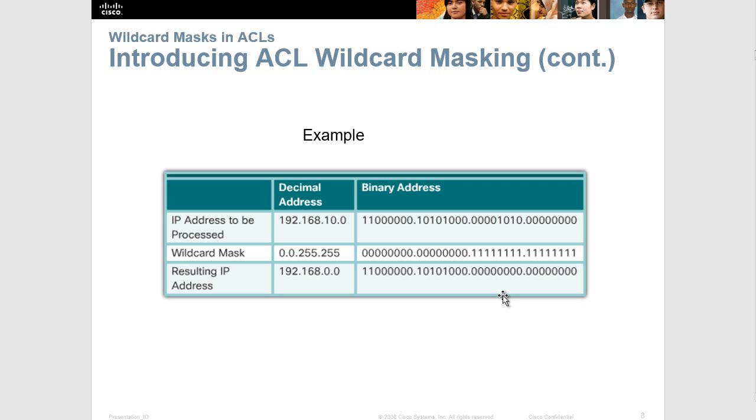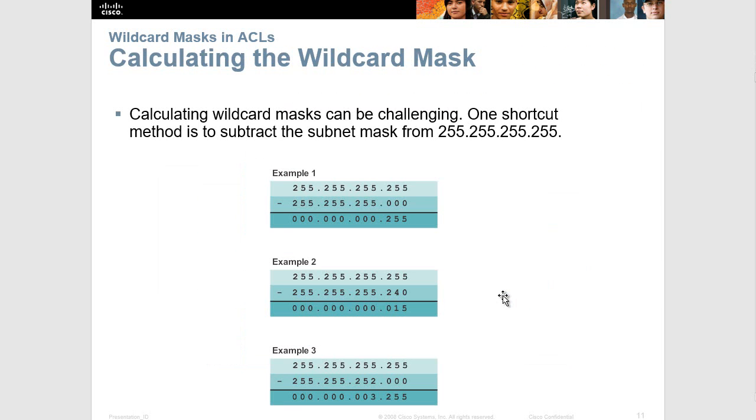In fact, here's a shortcut way to get your wildcard mask. Take your subnet mask. Take 255.255.255.255, subtract whatever your subnet mask is, and that is going to give you a wildcard mask.